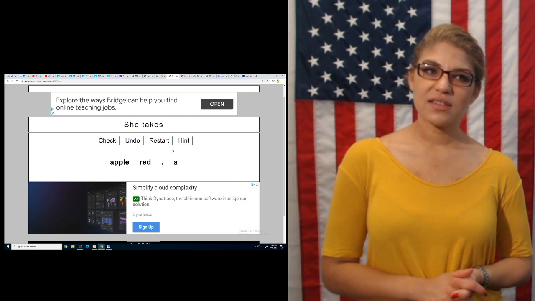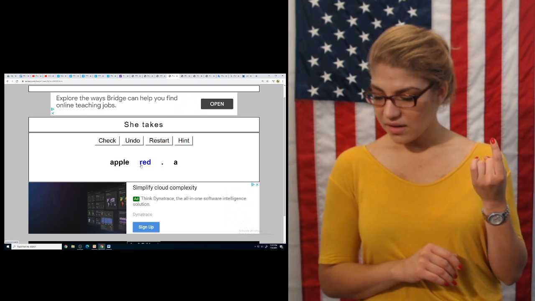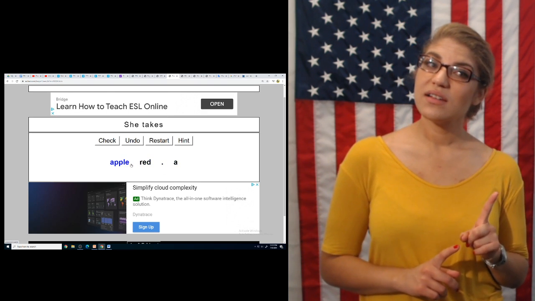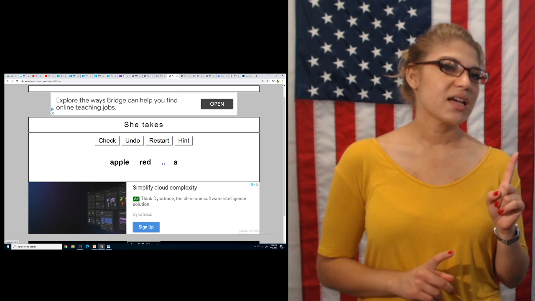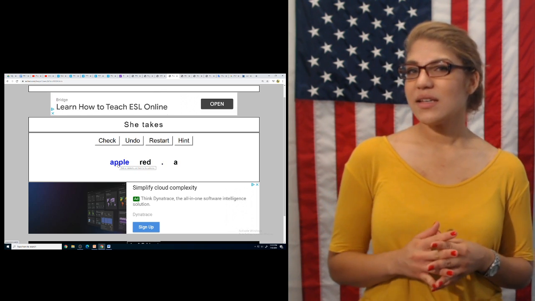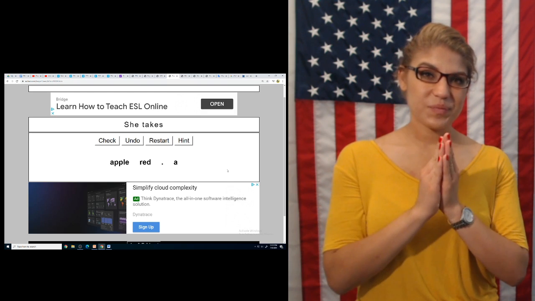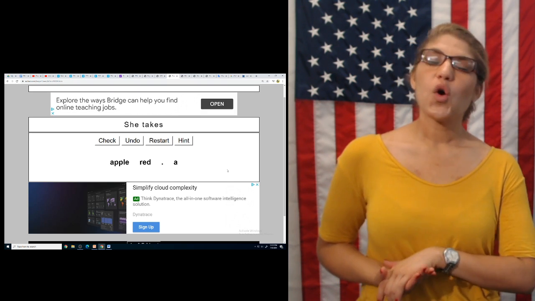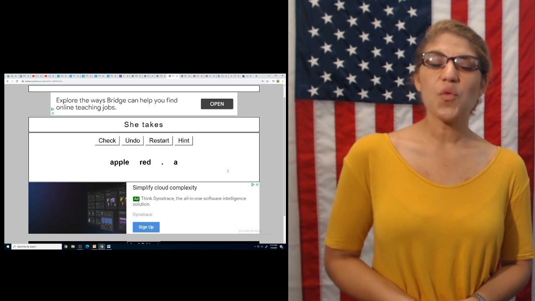She takes an apple. Is it take a apple red or take a red apple? What is the correct order? She takes an apple red or she takes a red apple.